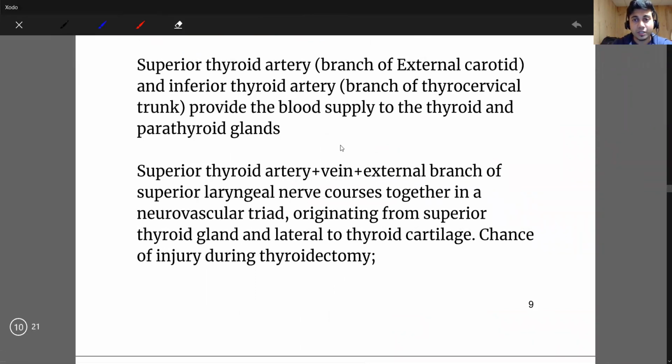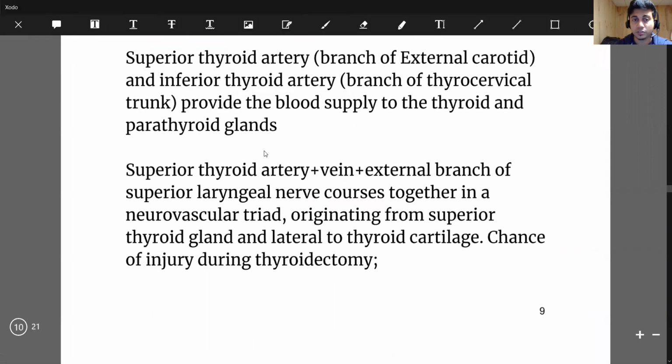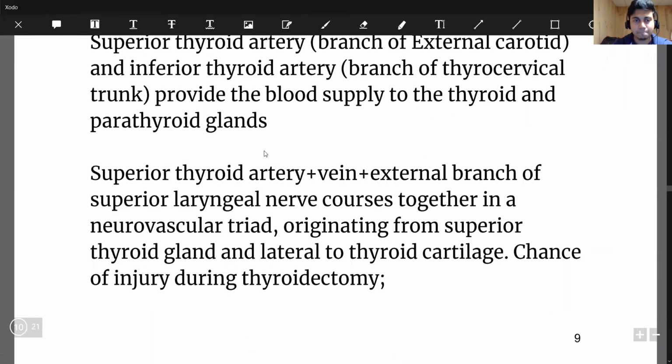Now, also you see that the superior thyroid artery, vein, and external branch of the superior laryngeal nerve course together in the neurovascular triad. That means there's a sheath of membrane that surrounds these three structures and forms this triad. Sometimes when we do a thyroidectomy, there's a chance of rupture of these surrounding structures.